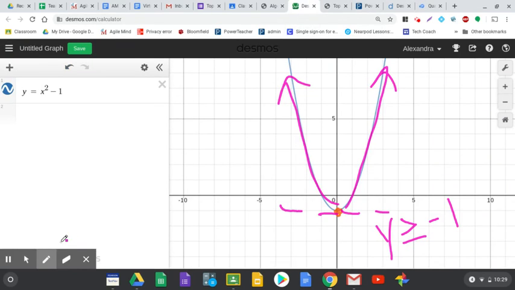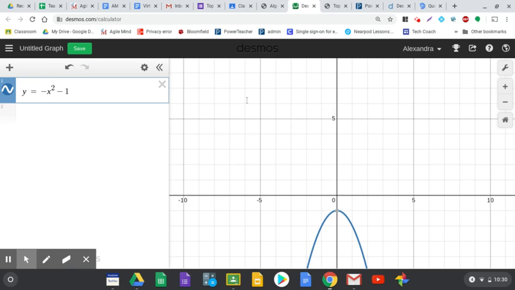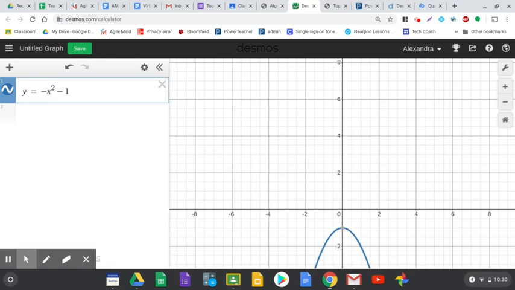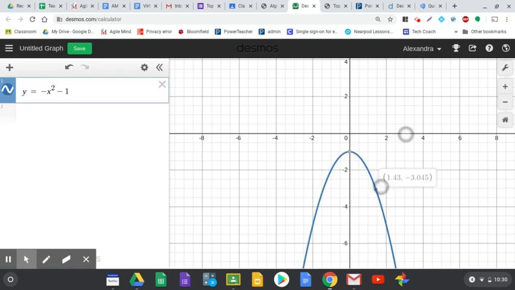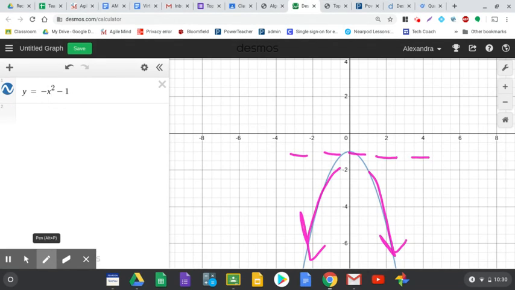Now the next one, the only difference here is that they put a negative in front of the x squared. So we know that that's going to flip our parabola upside down, right? So again, if we find our vertex, it's still at -1, but now because it's a maximum, -1 is the highest point. So everything else is below -1.